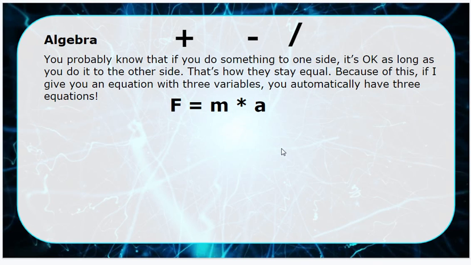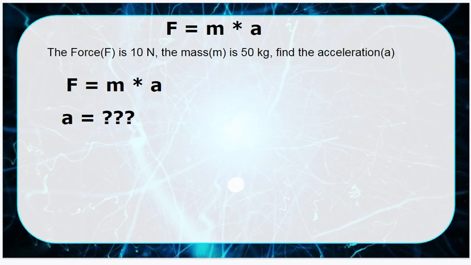Okay, what am I talking about? If I give you an equation with 3 variables, like F equals m times a. This is a very famous physics equation, force equals mass times acceleration. And let's say I give you a problem that asks for force.